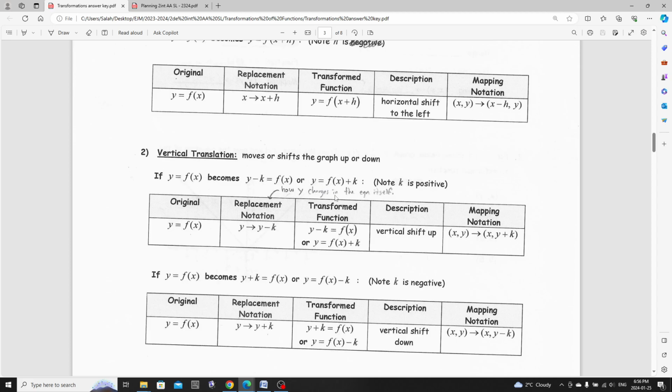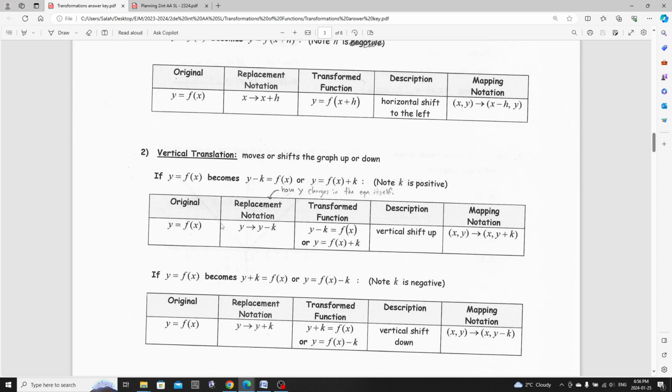Okay, now if you want to really clearly see what is happening to my initial function f of x, make sure that you express your equation in this format. Okay, because once you have it in this format, you can literally just read the value plus k, and that will be your shift. And a plus indicates a shift up, and a negative indicates a shift down.